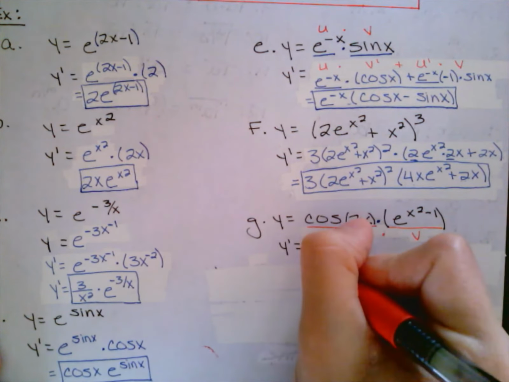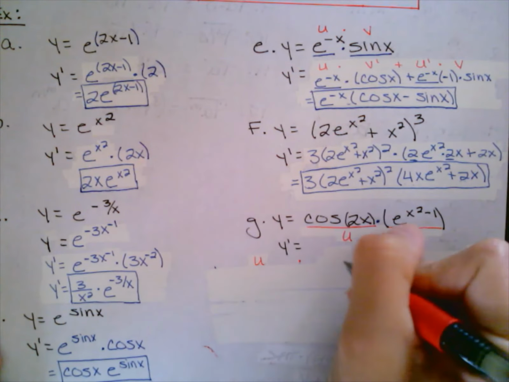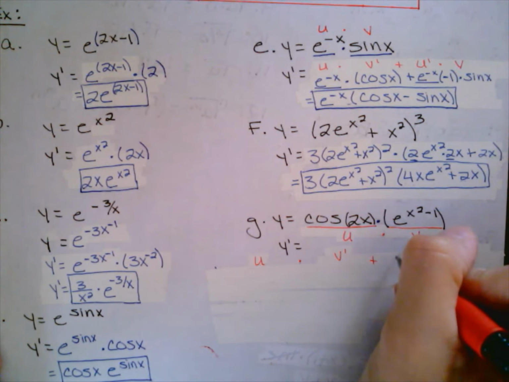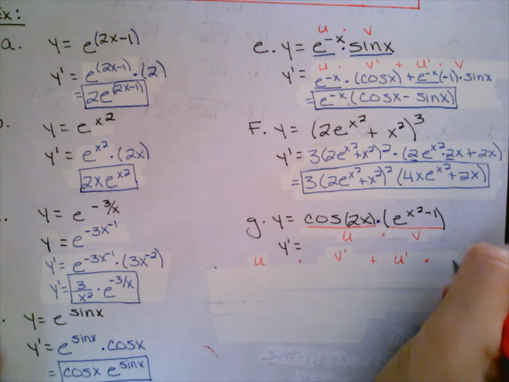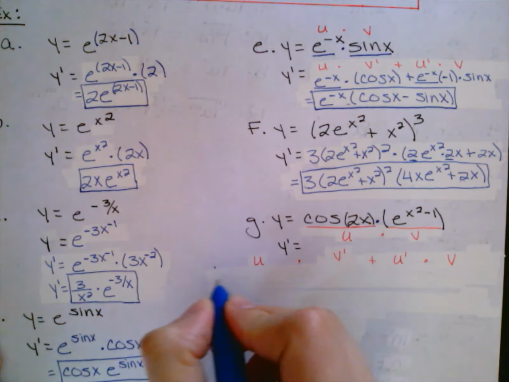So again, we're going to have u times v prime plus u prime times v. So u means to rewrite the first term.